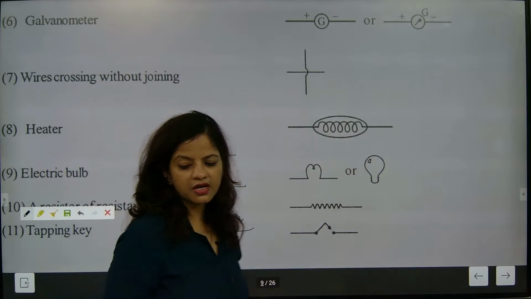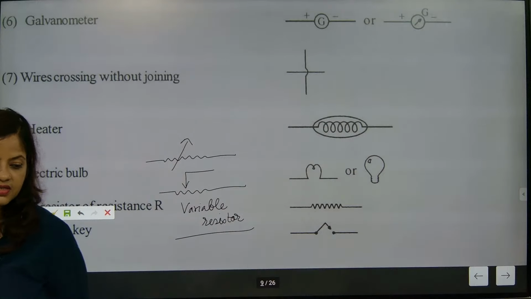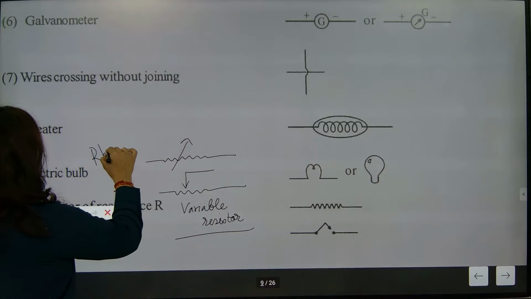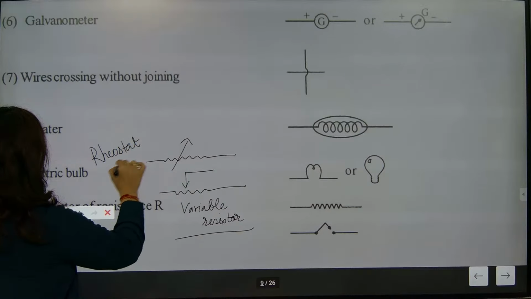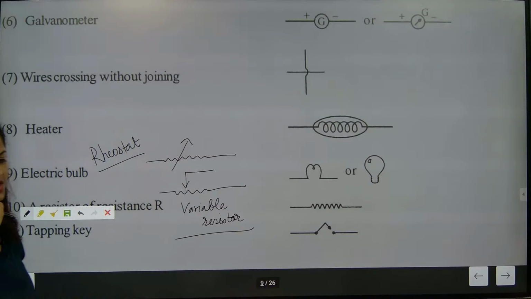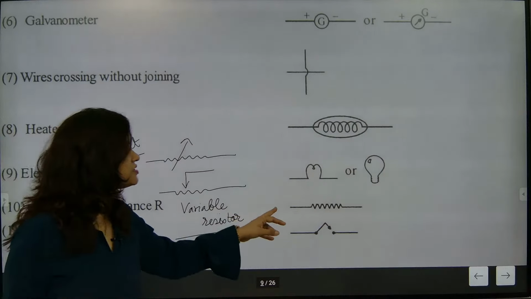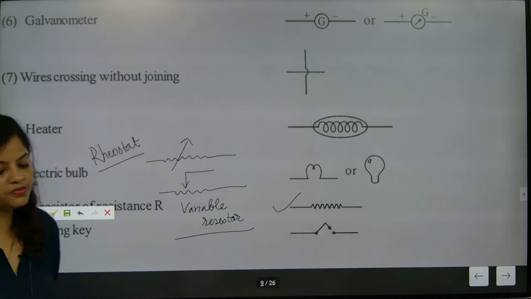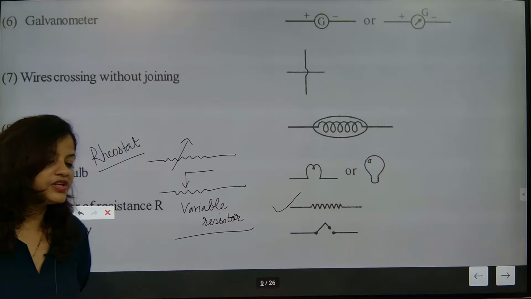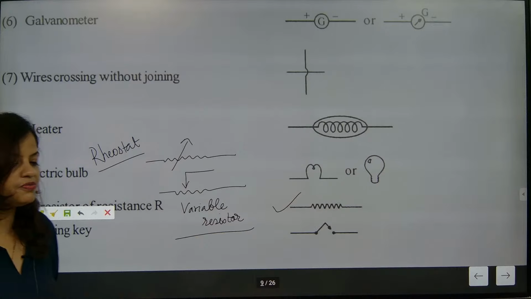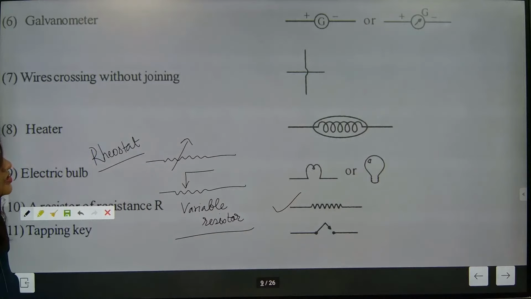We can also say rheostat, because the resistance can be changed. A fixed resistor's resistance cannot be changed. That is the most important thing. Fixed resistor resistance cannot be changed, but variable resistor resistance can be changed.